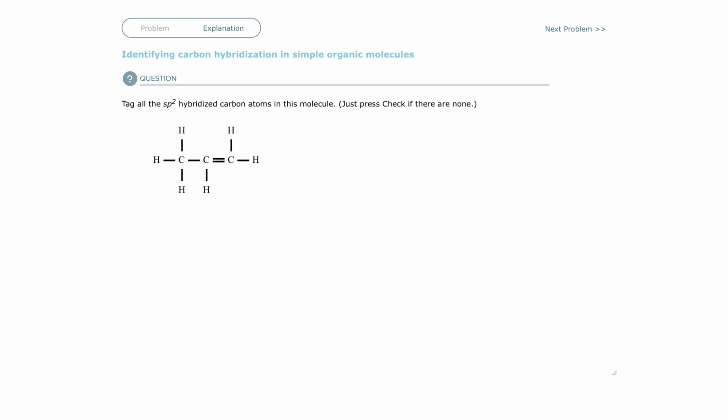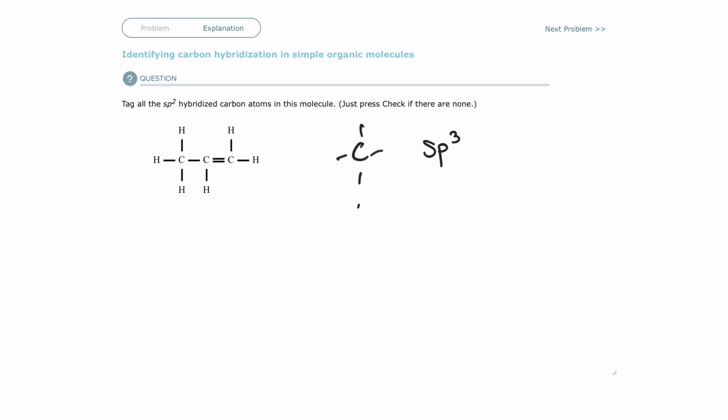If you were to have something like this, a carbon with 4 single bonds, that is 1 s and 3 p, and it's going to be an sp3 hybridization. So there'll be 4 sigma bonds and no pi bonds.